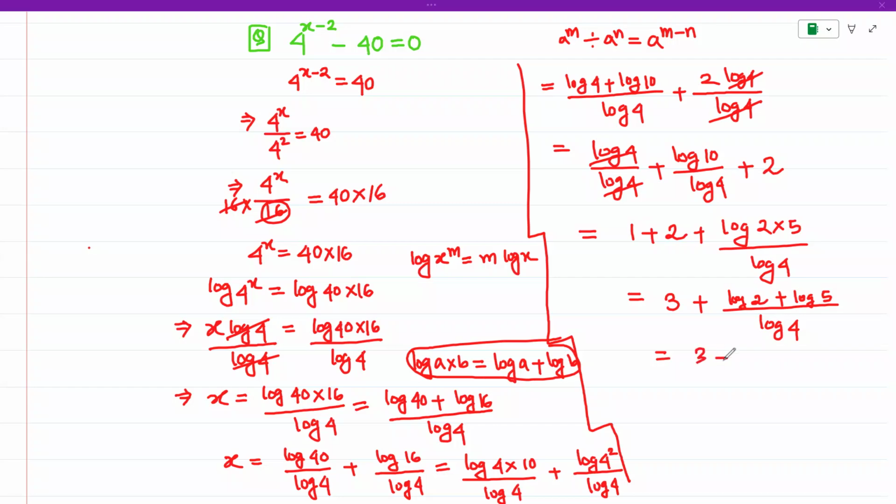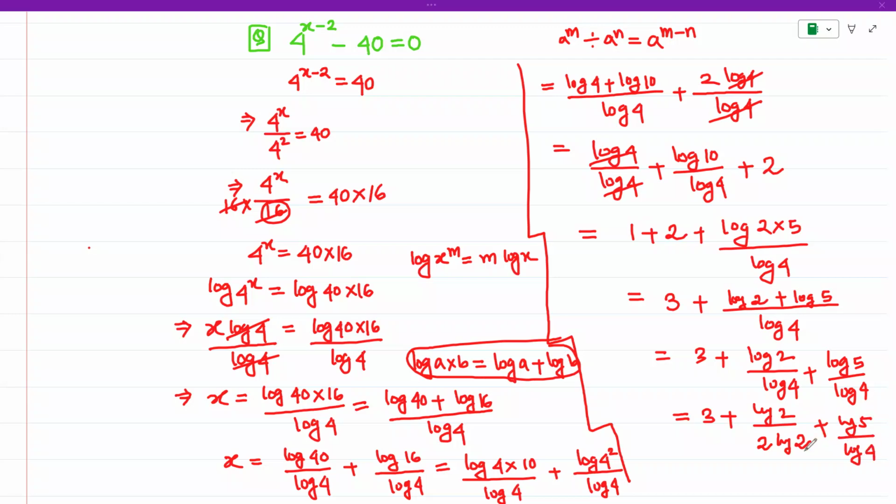So 3 plus log 2 divided by log 4 plus log 5 over log 4. So 3 plus log 2 over log 4, we can write that 2 log 2 over log 4. Log 2, we can cancel that.